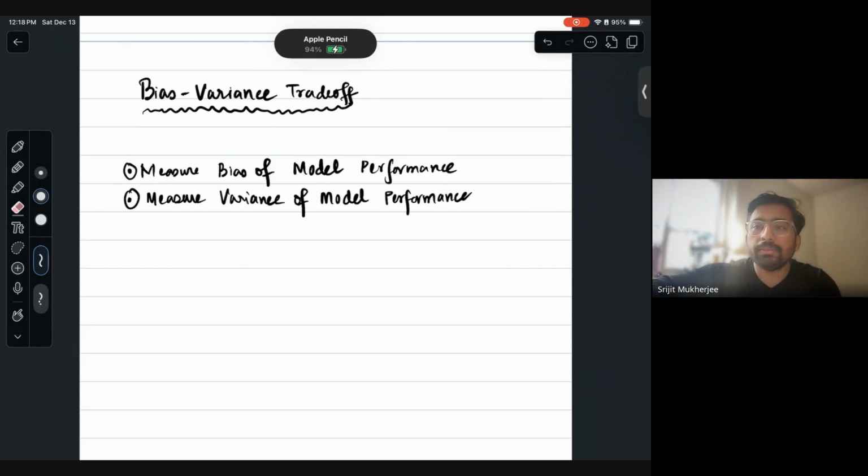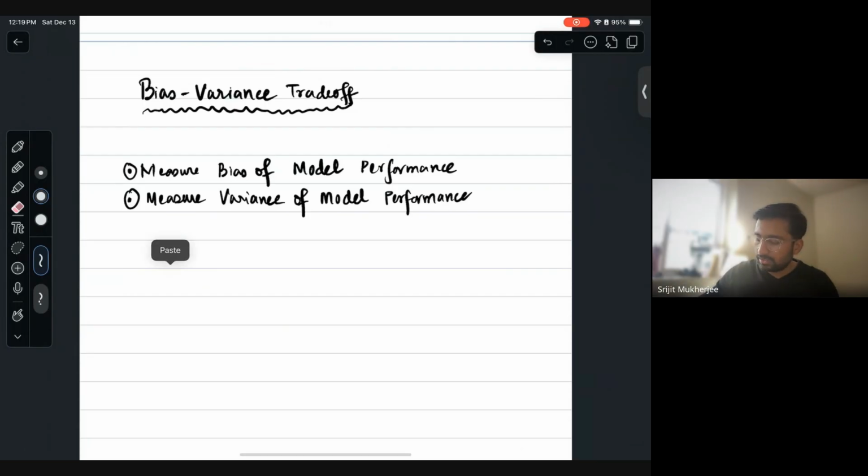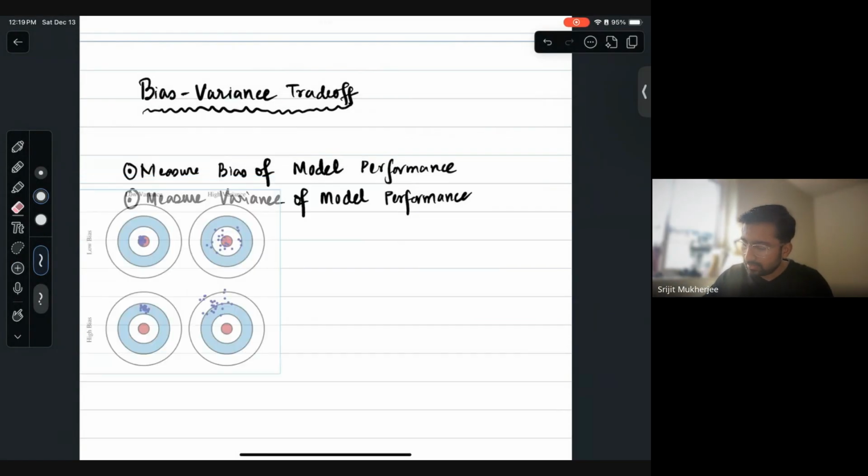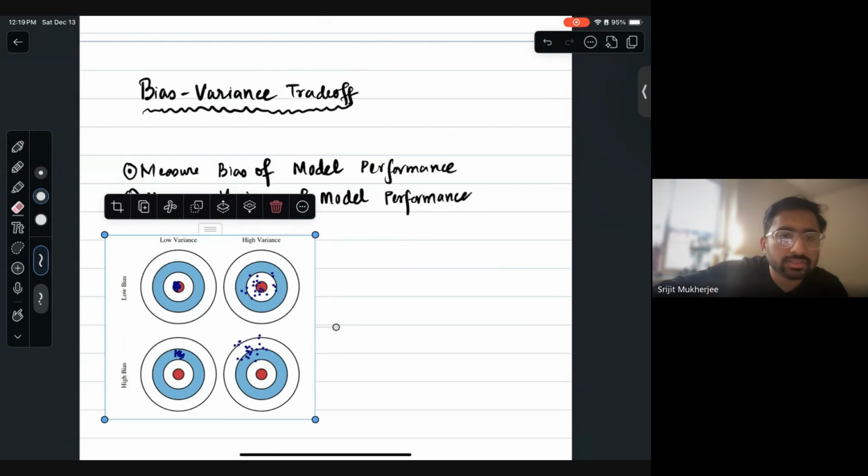So let me pull up a picture that is usually used everywhere for the bias variance trade-off. So this is one picture and this is another picture.